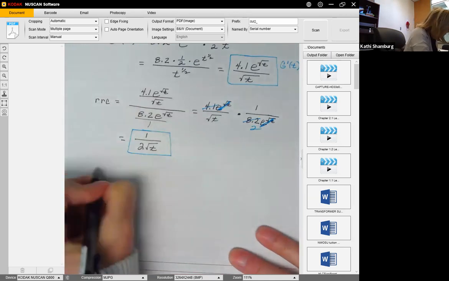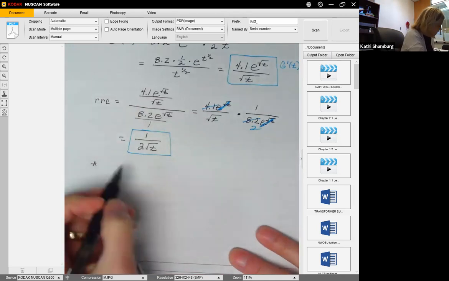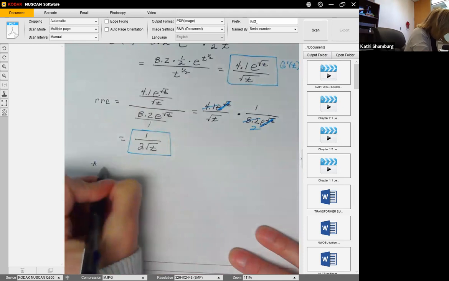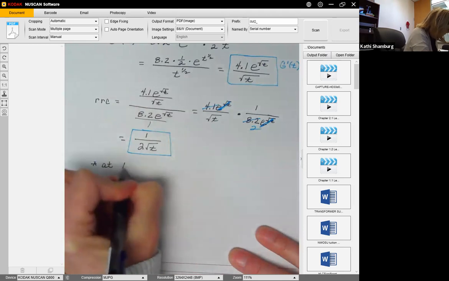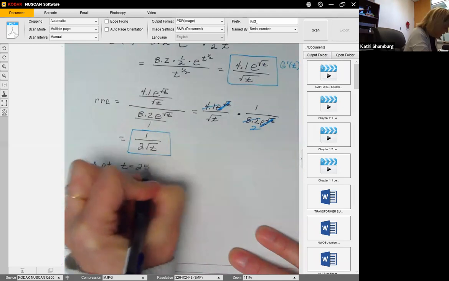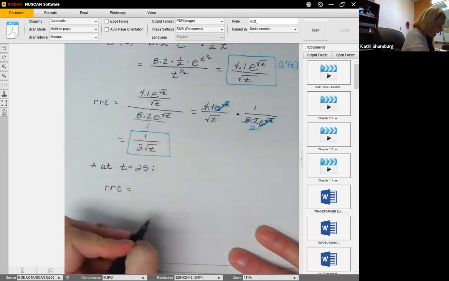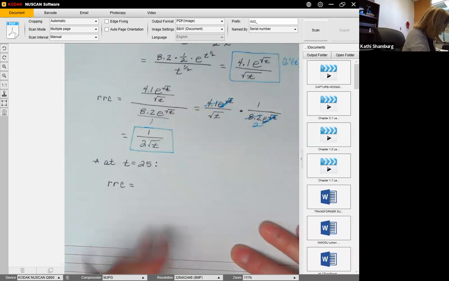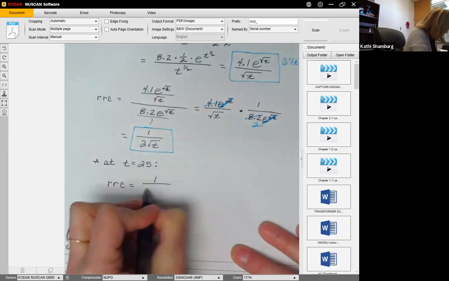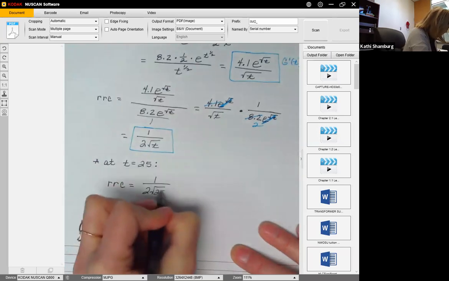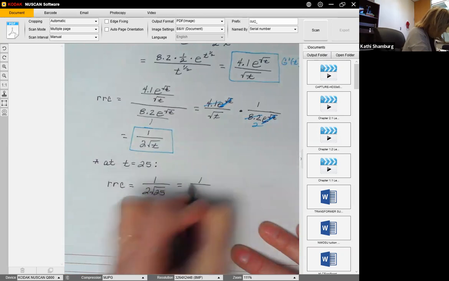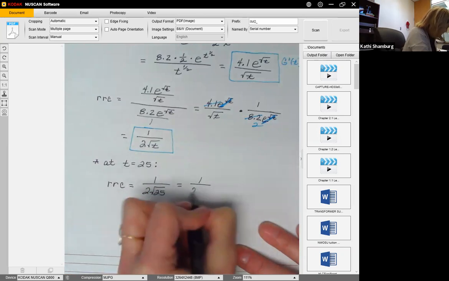This particular problem said, okay, now that you have the RRC, let me know what that is at t equals 25. So we're going to take the RRC, and in place of t, we're going to put 25. Well, we know that the square root of 25 is 5.